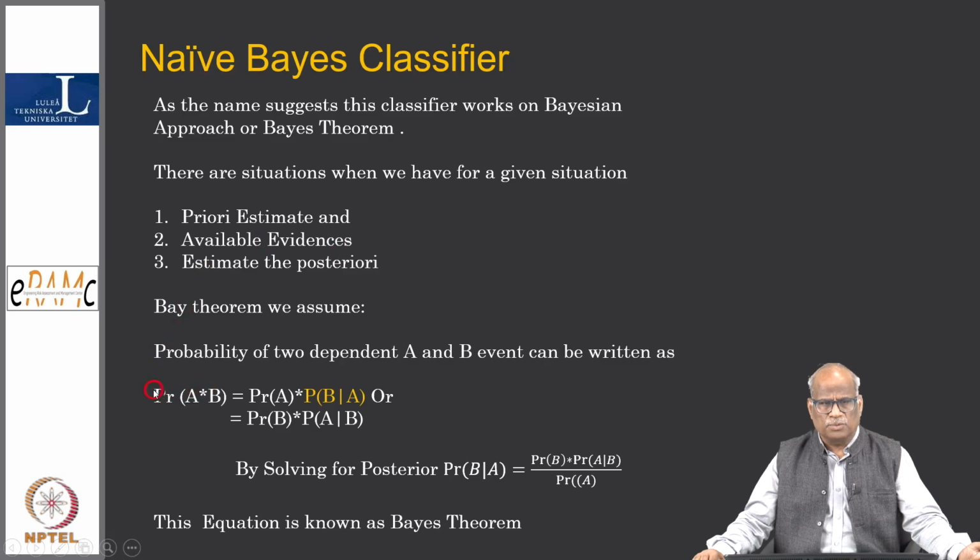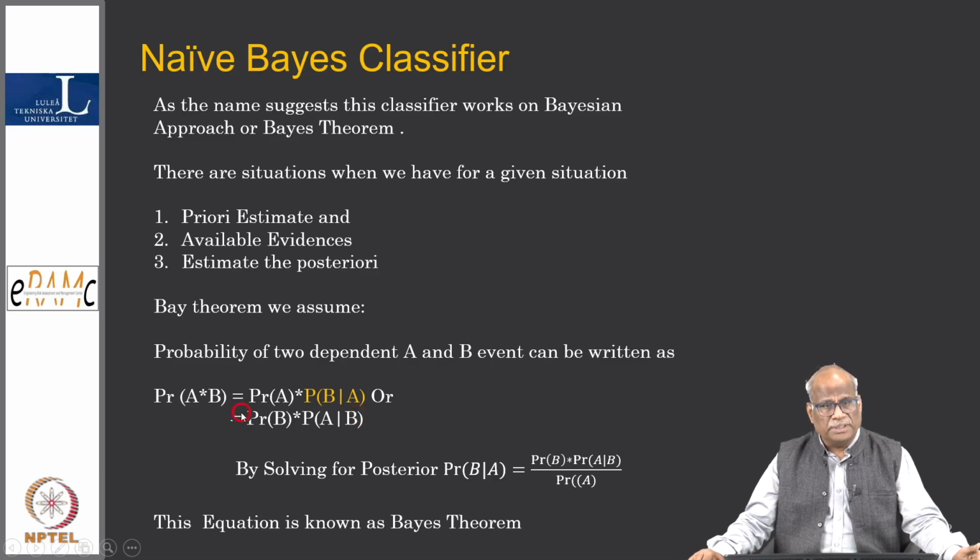So the algorithm is like this: probability of A and B. We all know that if they are independent events, then the probability of A intersection B is equal to the probability of A times the probability of B. But if they are dependent events, then it can be written as the probability of A intersection B is equal to the probability of A times the probability of B given A. That means we have some knowledge of A also.